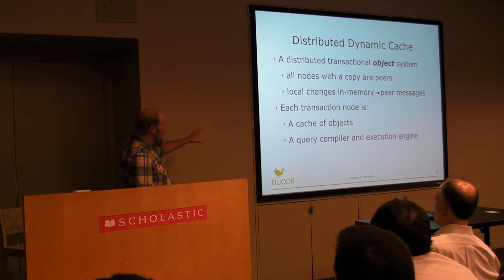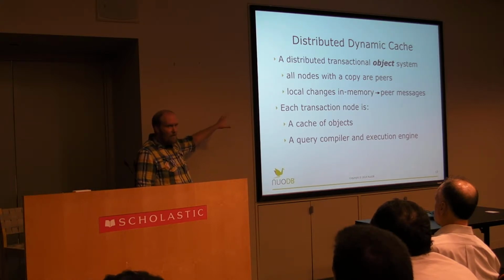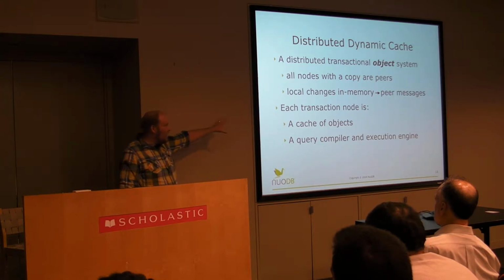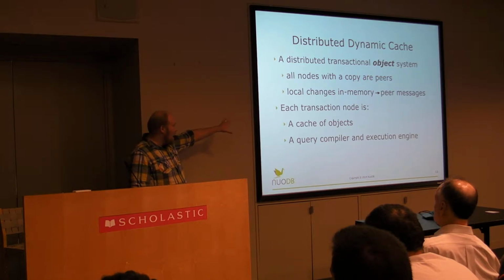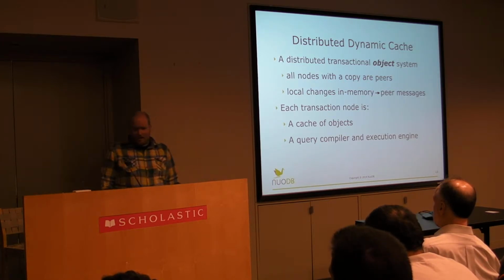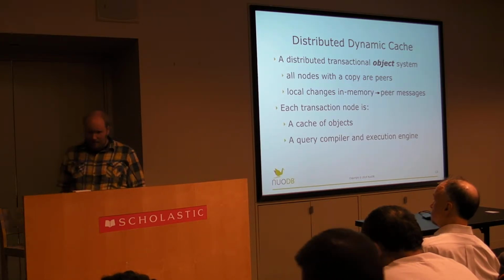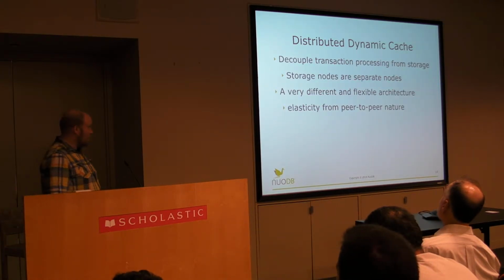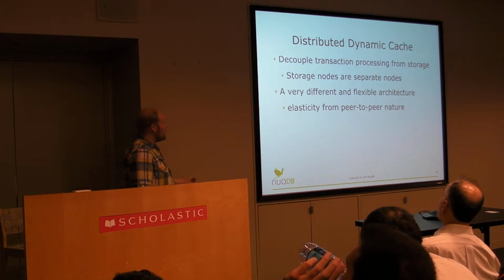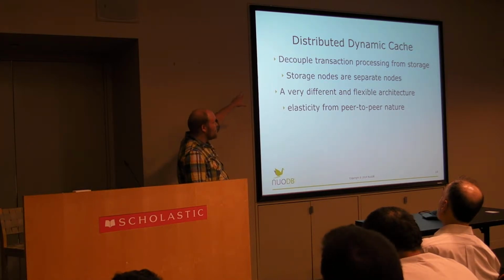And so you have two kinds of nodes. You have these transaction processing nodes that accept client connections and then operate on these objects. And so a transaction node is going to be a cache of objects whose contents can change over time, because it's a cache, and a query compiler and execution engine to actually take the strings that the client is handing you and turn them into actual data. And there's an additional kind of node, a storage node, because you have to decouple transaction processing from storage.